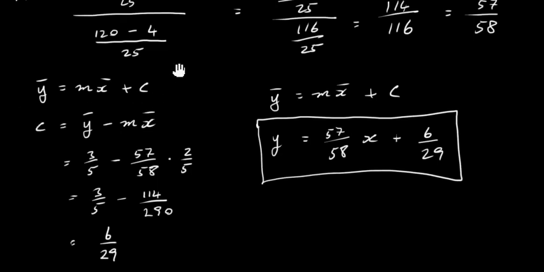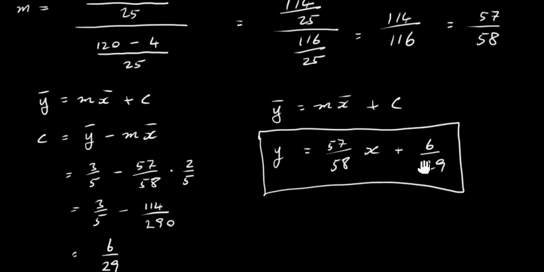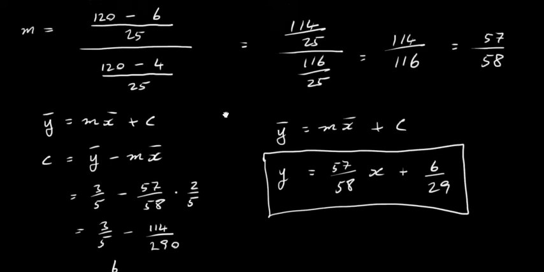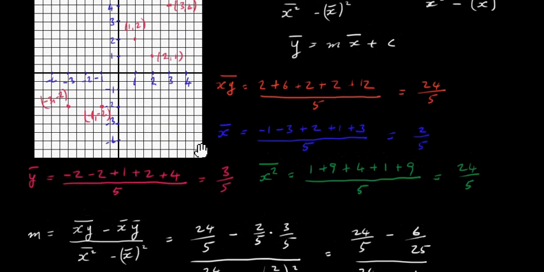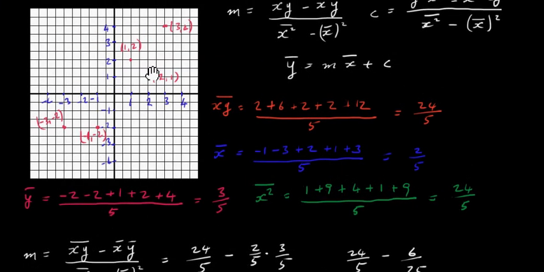Okay, so that will look something like, let's see, 6 over 29 is around 0.2. These are our points here. Let me draw it roughly. It's going to be fairly rough, but 0.2 is, well, there's 1, there's 0.5, so 0.2 is going to be somewhere around here. So it's going to go through that point on the y-axis.